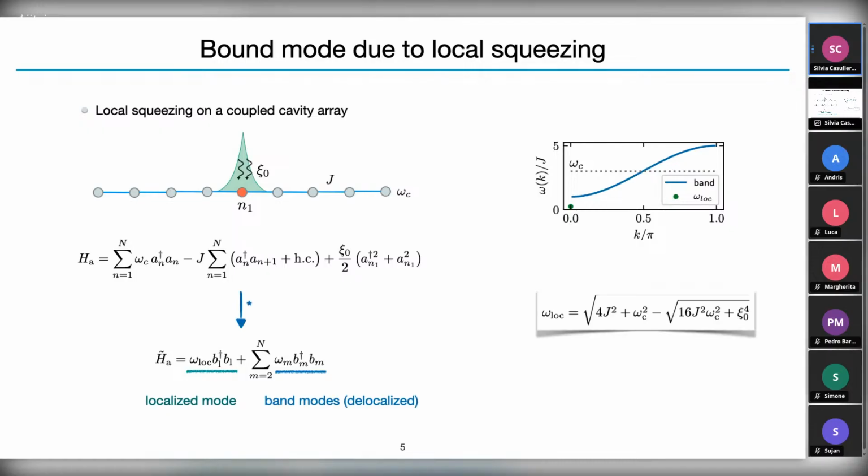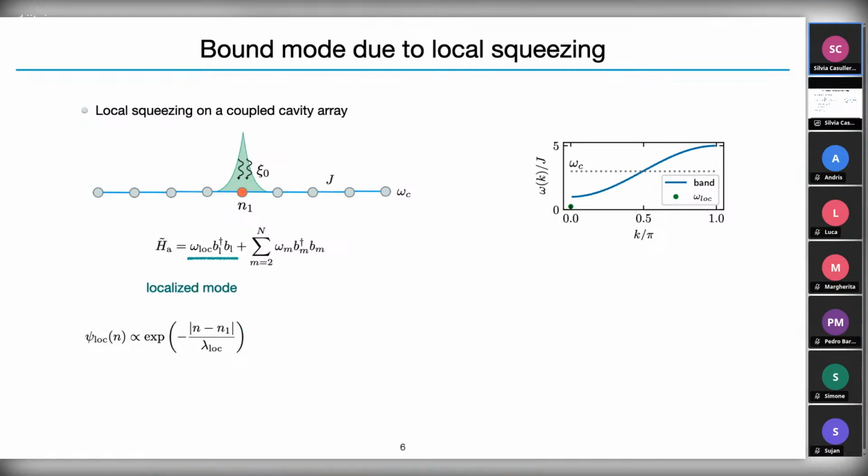We have found an analytical expression for the frequency of this mode, and we see that it just depends on the parameters of the system and on the squeezing strength of this drive. The stronger you squeeze, the farther away it goes from the band, the more isolated it is. And the shape of this mode is an exponentially localized function, with a localization that also depends on the parameters of the system.